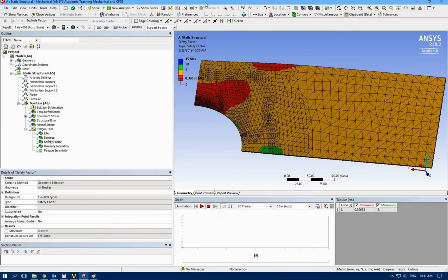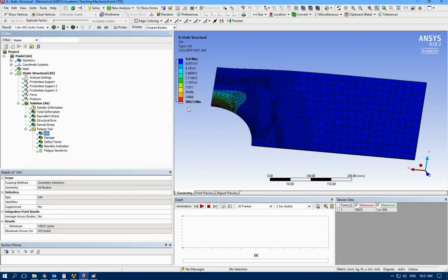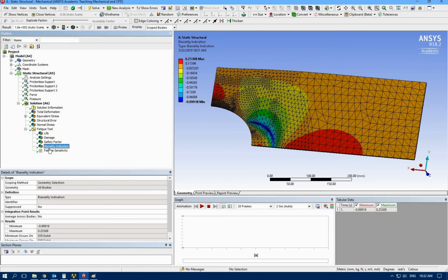Okay, let's see other things. Life, we have 18,000 life as a minimum life for this stress concentration area, and blue would be the infinite life. Nothing is going to change for this directional identifying directions of the loadings.